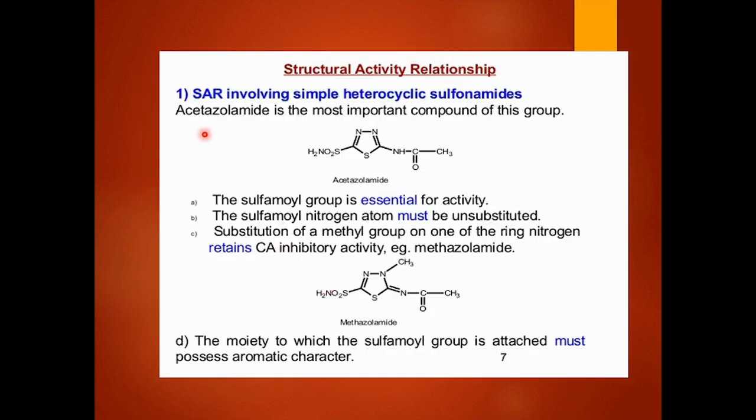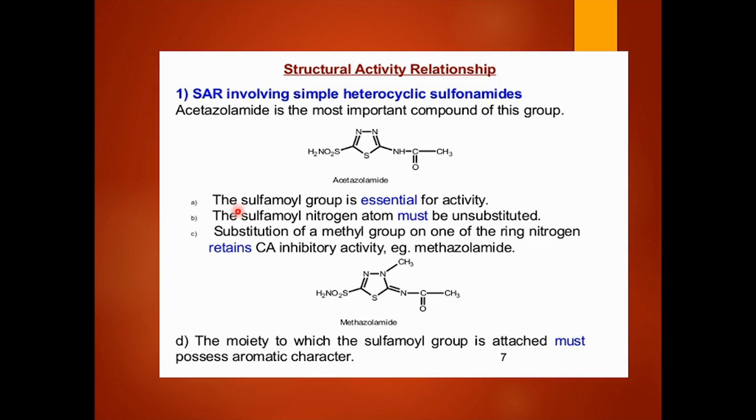So these are the SAR studies involving simple heterocyclic sulfonamides, and this is the structure of acetazolamide, which is an important compound of this group of drugs, that is carbonic anhydrase inhibitors.